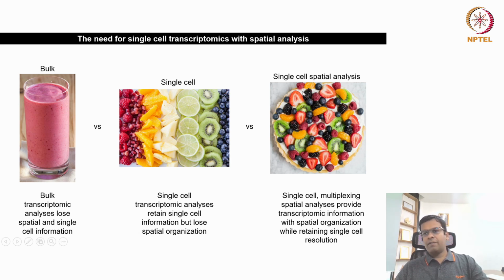Let's say if you see this picture, you can say that in the cell, or maybe in the live cells, the strawberries are arranged in these particular locations, and the kiwis are arranged in these particular locations, meaning those transcripts are present in these particular locations. So spatial transcriptomics or spatial proteomics approaches provide one level of extra information, and that is the level of transcription or the proteins at that particular area of the tissue.